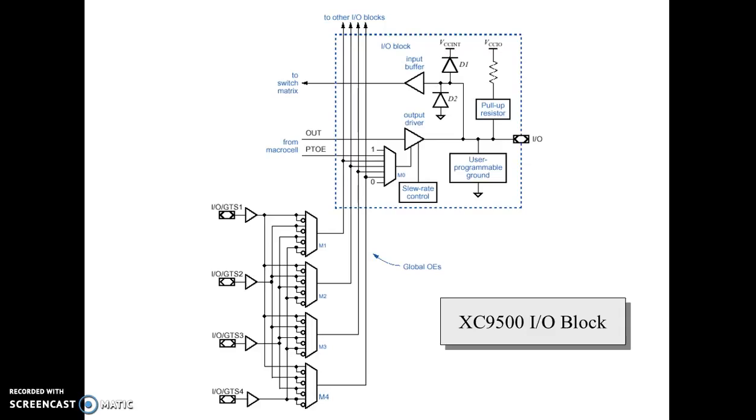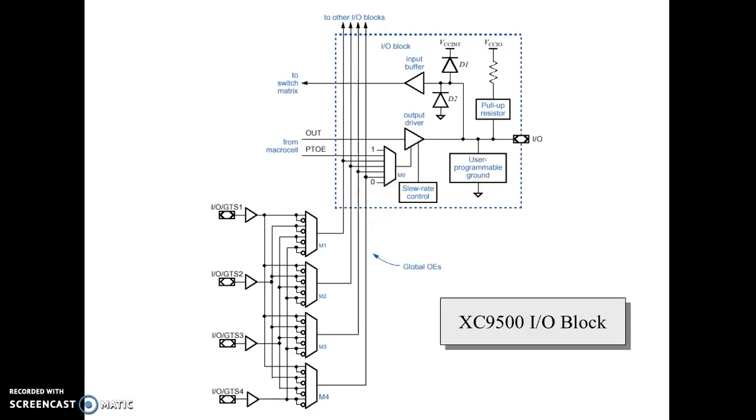XC9500 input-output block. The input-output block interfaces between the internal logic and the device user input-output pins. Each IOB includes an input buffer, output driver, output enable selection multiplexer, and user programmable ground control. Each output driver can also be configured for slew rate control operation.